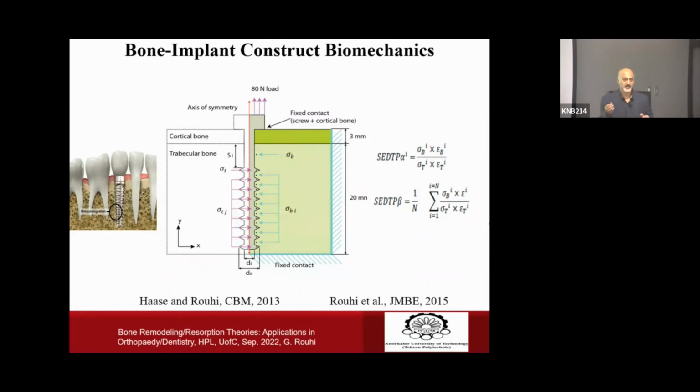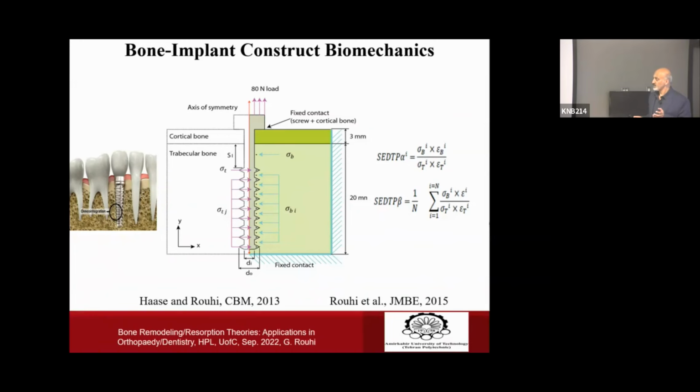This is not enough, because our bones are sensitive to mechanical stimulus. So we have to use mechanobiological laws and principles. In regard to dental implants, for example, we have made some very humble contribution. But again, I'm not going to explain in detail because the time is limited.